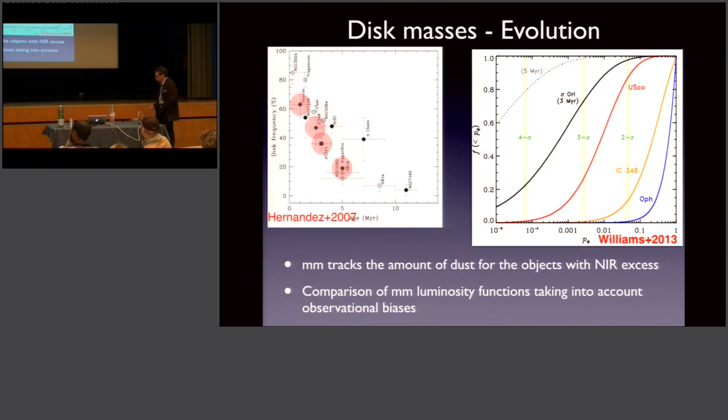If you do a dating of Upper Scorpius, you can do it two ways. Again, you can use the pre-main sequence stars, the low mass population of Upper Scorpius, which are still in the pre-main sequence evolutionary phase. You do this dating, and you find an age of roughly 5 million years.